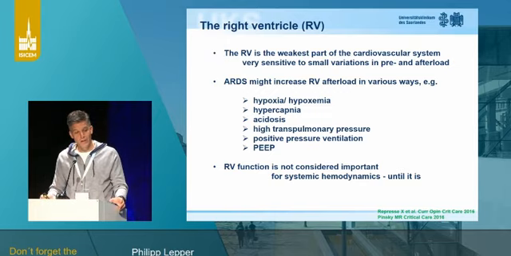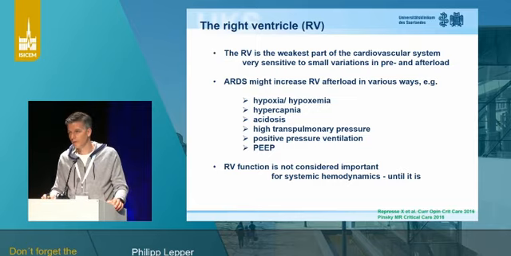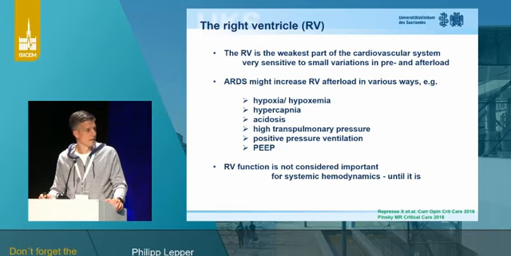ARDS might increase afterload in various ways. Some of them are just noted here, and of course positive pressure ventilation and PEEP also contribute to the increase in afterload. So the right ventricular function is not considered important at all for systemic hemodynamics until it becomes important.